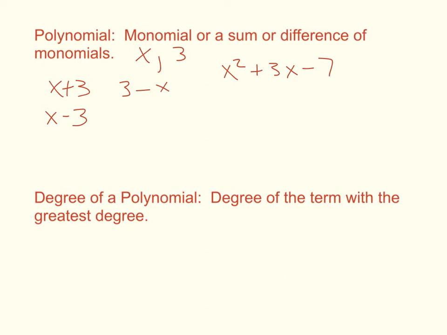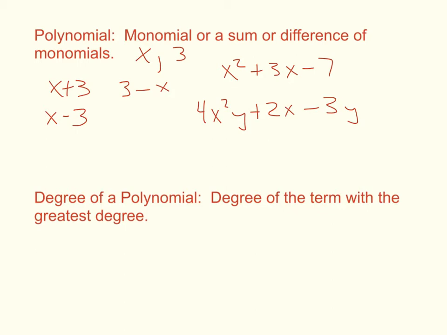That is going to be a polynomial. 4x squared y plus 2x minus 3y. That is a polynomial also. 4x squared y, that's a monomial. 2x is a monomial. Negative 3y is a monomial. When you combine them by addition or subtraction, we do have a polynomial.